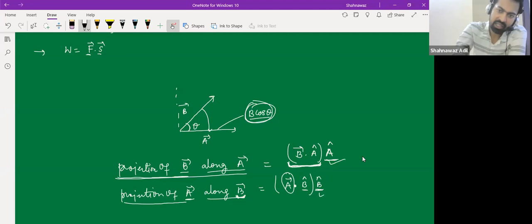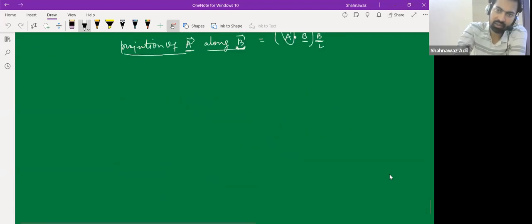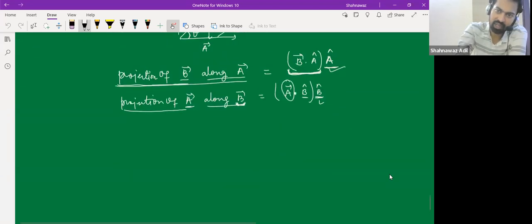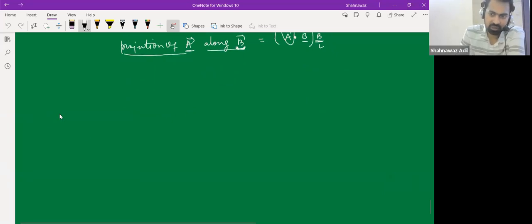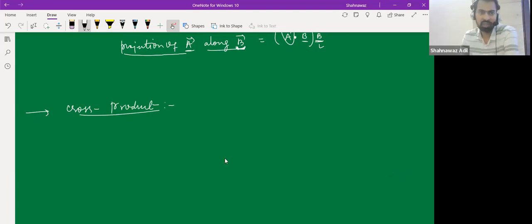Okay, and the last thing. I will just quickly tell you guys about the cross product. I will just quickly write and then we'll solve the question. So what is the cross product? Whenever I multiply two vectors and then I get another vector, this is called the cross product.